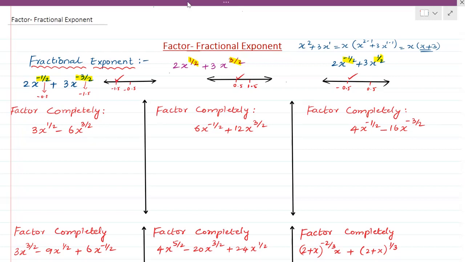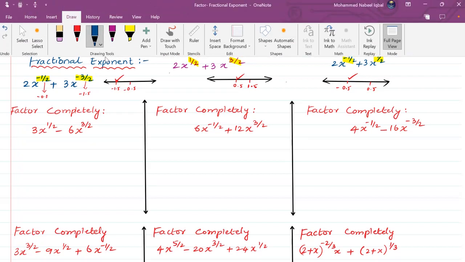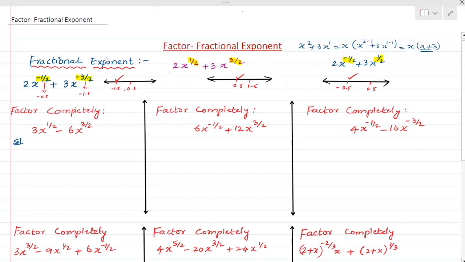So let us start with the first problem. What is the first problem? Factor completely. I have to take the common factor, the number 3, and then x to the power 1.5 and 0.5. So x to the power 1 over 2 is a common factor.